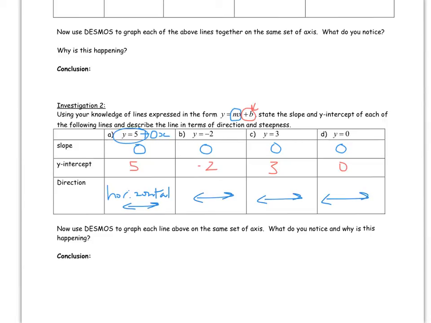All right, if you use Desmos to graph each line above on the same set of axes, you notice, and why is this happening? Well, we notice they're all horizontal because the slope is 0. Okay, and that's really our conclusion. There's a couple things I'm going to type into the conclusion here.